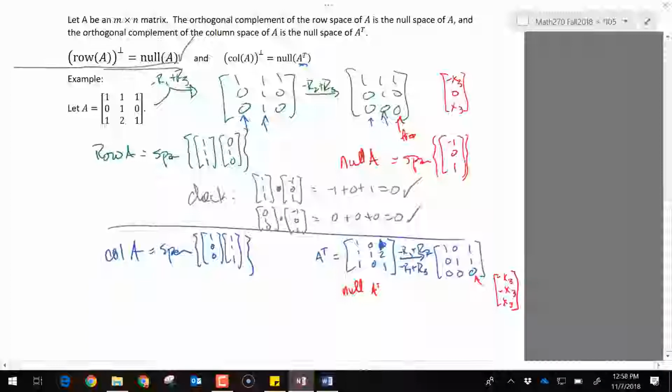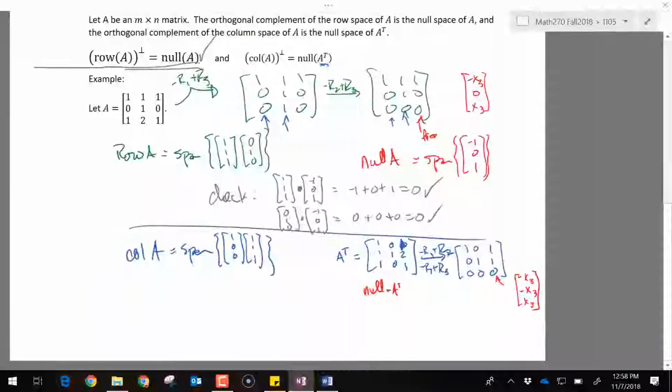So negative 1, negative 1, positive 1. And then that's your null space. The span of that is your null space.